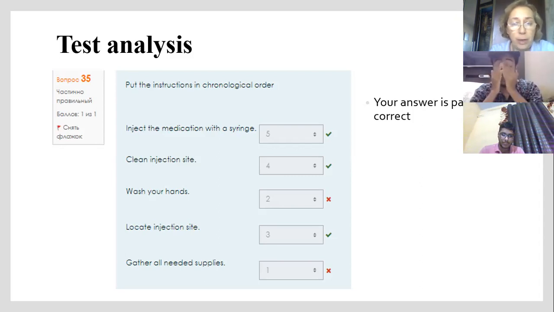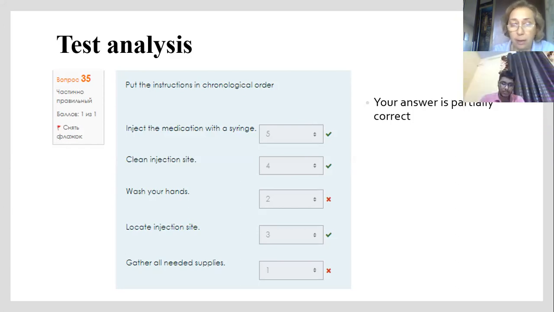But here, if you've marked the other steps correctly, like 3 corresponding numbers correct out of 5, you are given 1 point. So your answer is partially correct, and it's okay. You've got your mark for this question.